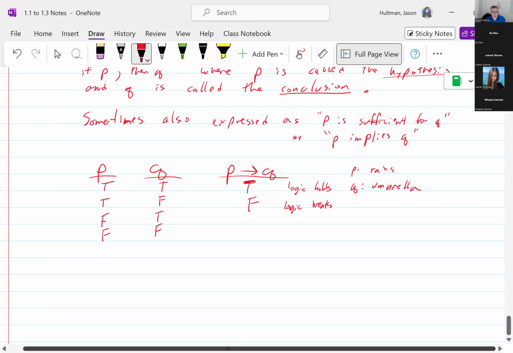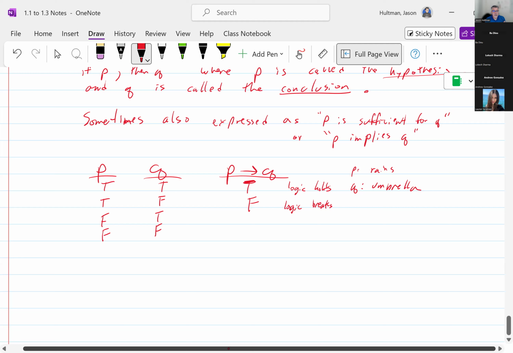But what if it doesn't rain? What then? Then you don't carry the umbrella? No, you're still going to carry the umbrella. No. It doesn't matter.